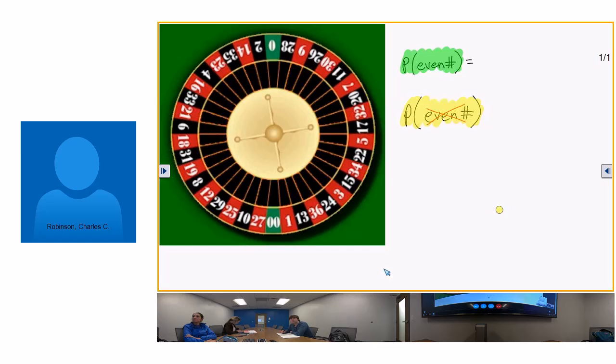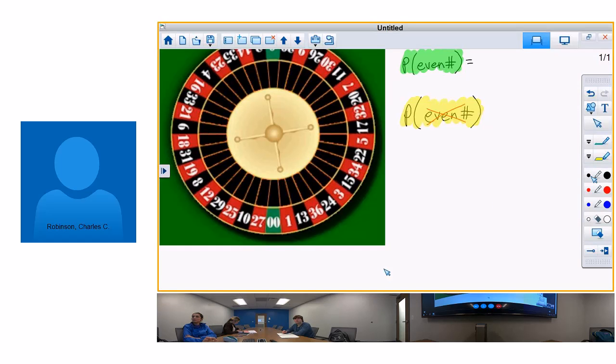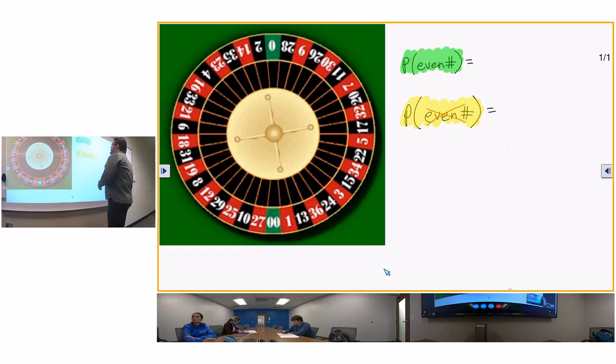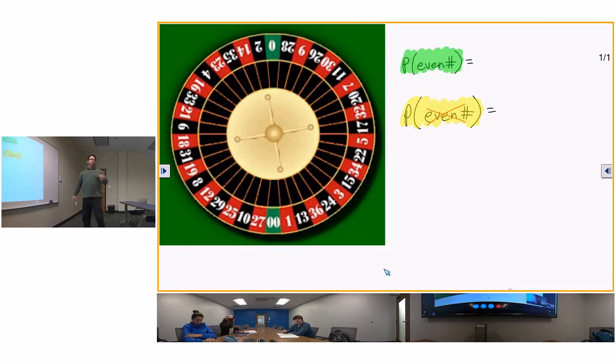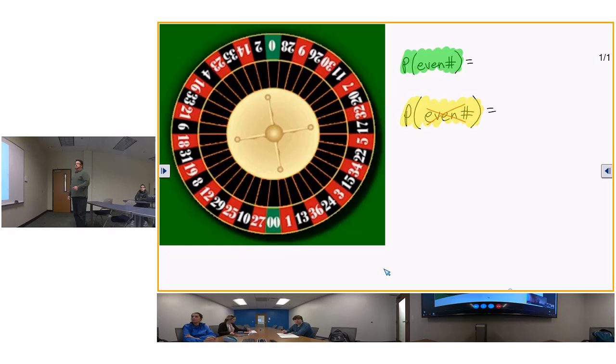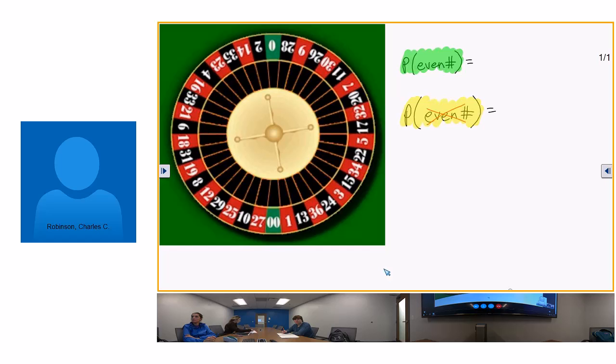So with each kind of bet, whether it's cards or whether it's a roulette wheel, you have the probability of success, which is winning, and you have the probability of failure, which is the complement of winning. So let's go ahead and write that down.